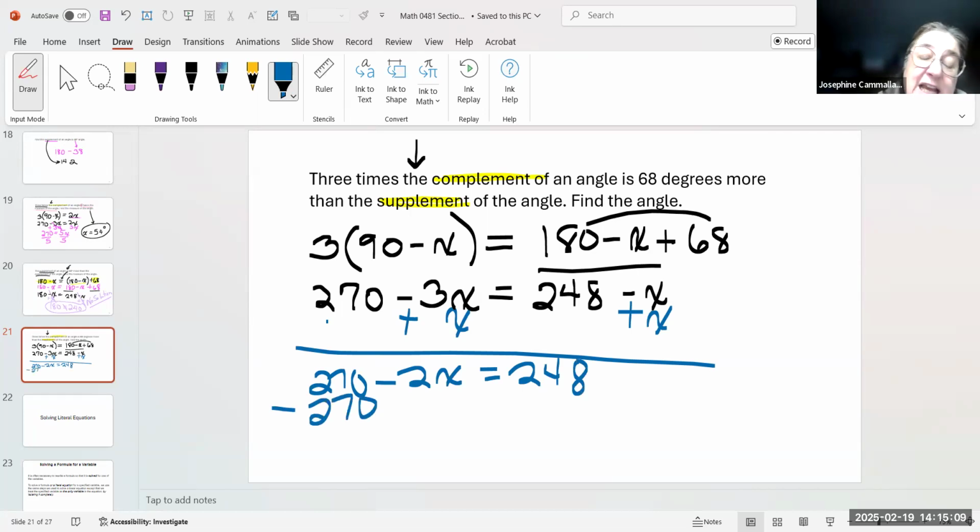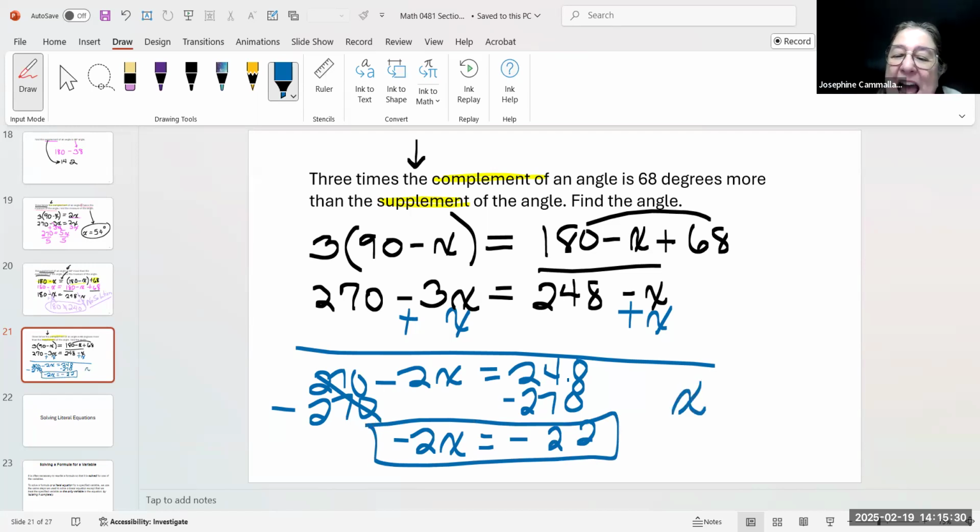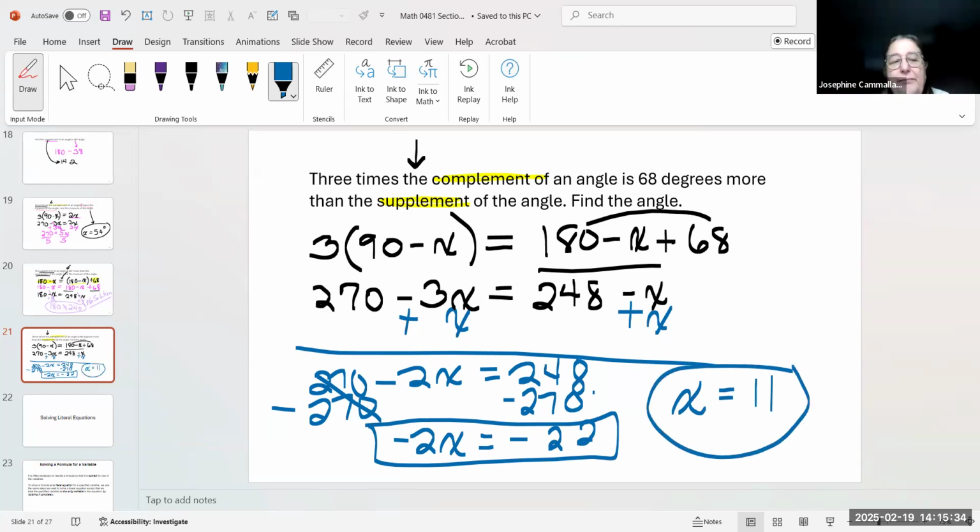Subtract 270. Now, I want to show you something. This is going to give us a negative 2x is equal to a negative 22. This is fine because if I divide by negative 2, I get a positive 11. This may say, well, I don't feel it's right, but it is.